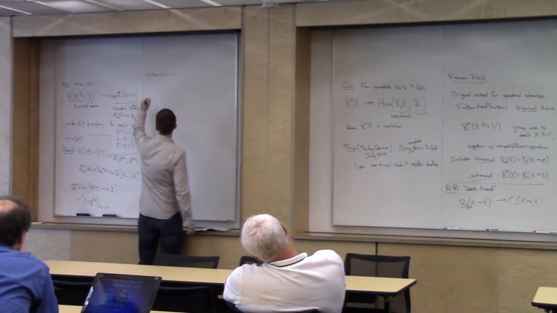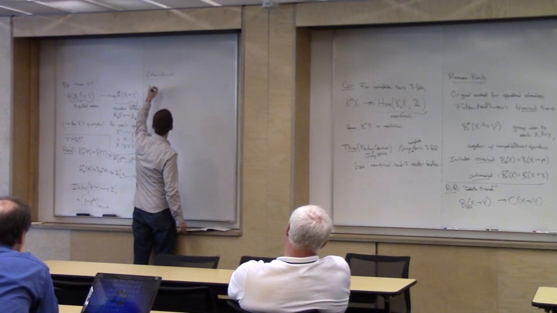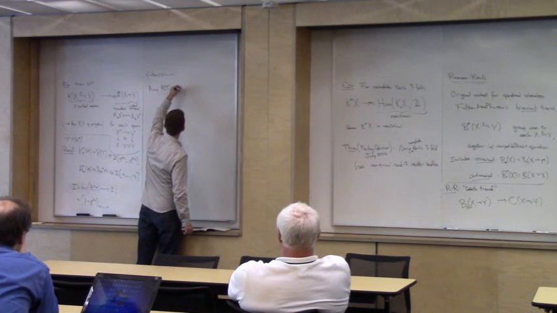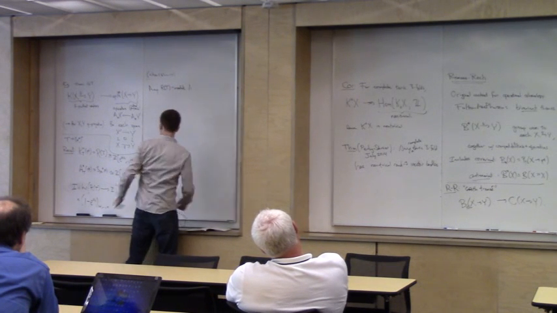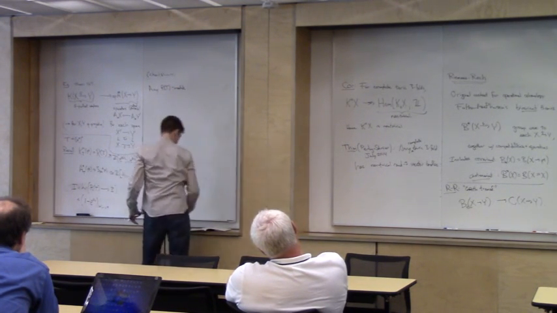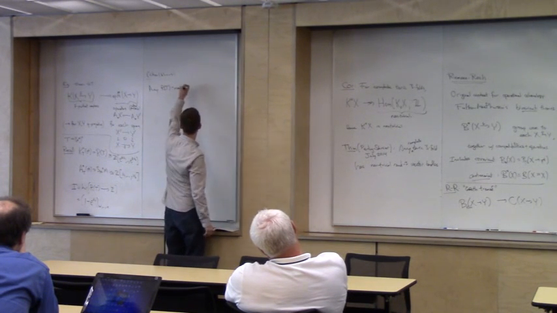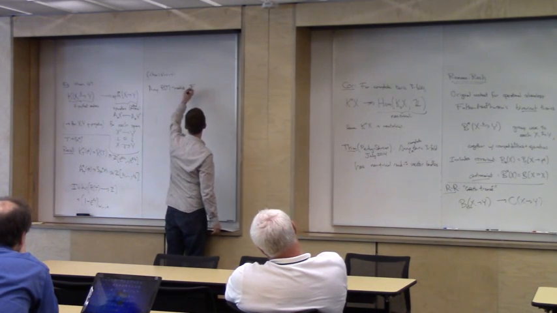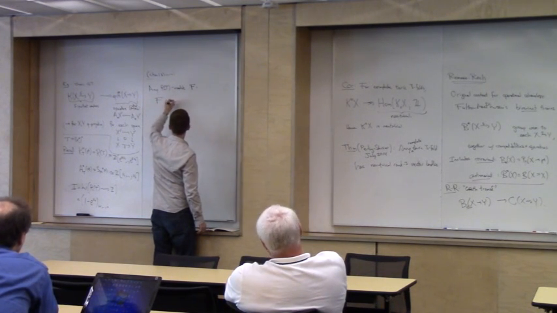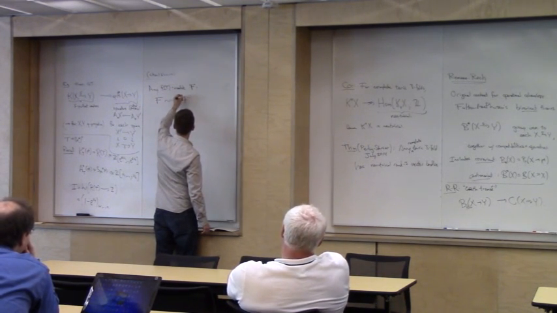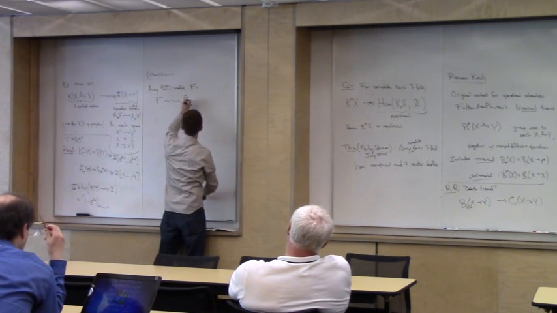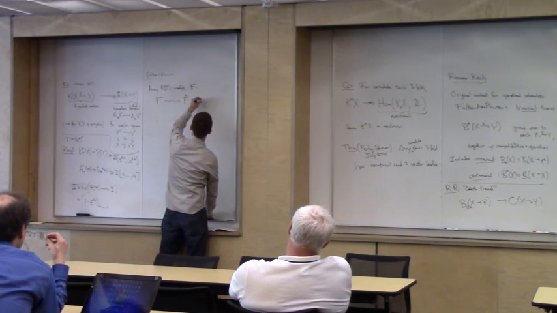Now for any R(T)-module, just thinking of R(T) as a ring, F, I'm going to denote by F hat the completion along this ideal.